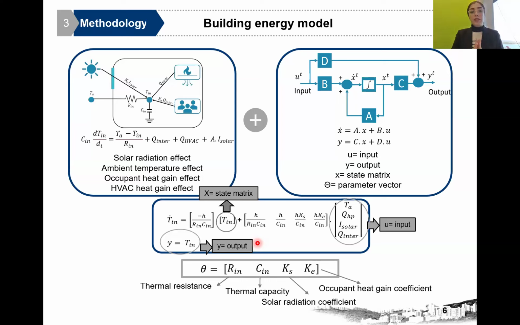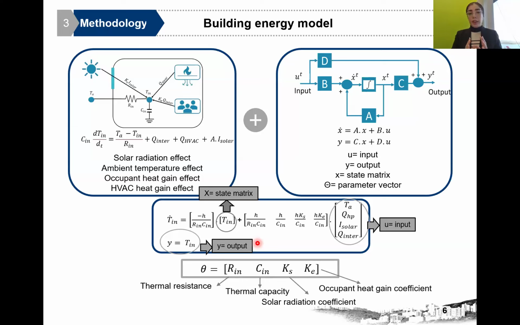In order to reach this goal, firstly, we needed to have a building energy model. We considered a gray box resistor capacitor model that considers the effects of four disturbances, including solar radiation, ambient temperature, heat gain due to occupants, and the heat gain due to the HVAC system.